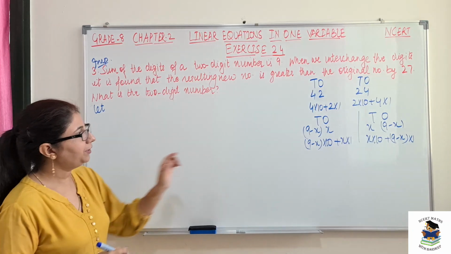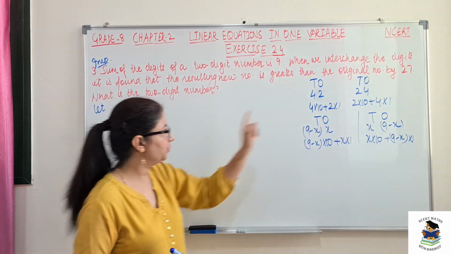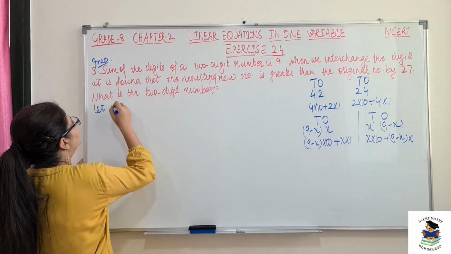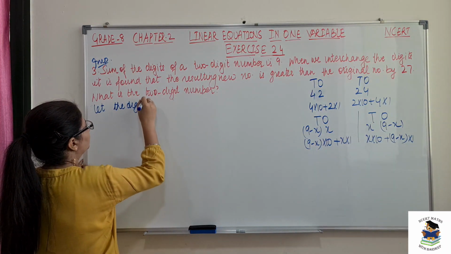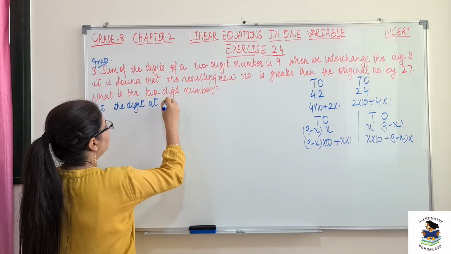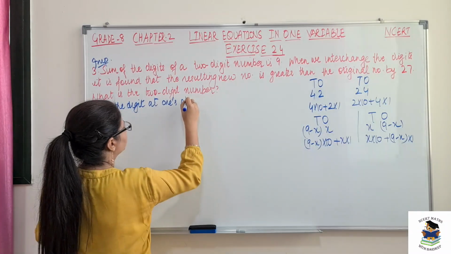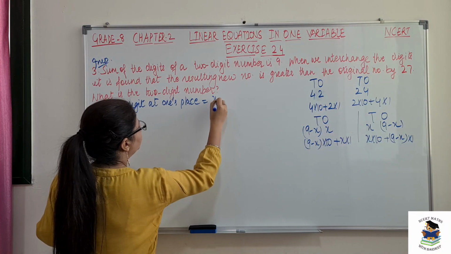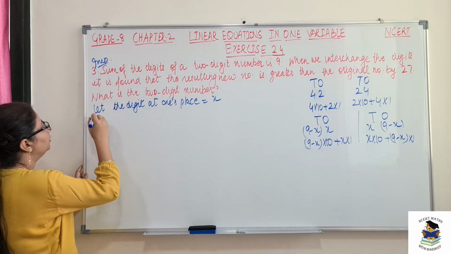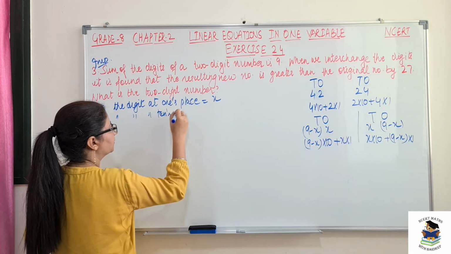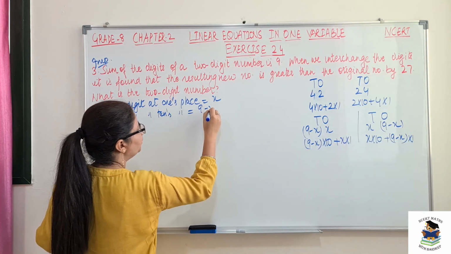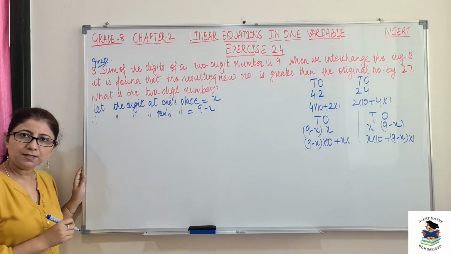I have taken x at ones position. So the digit at ones place is equal to x. Therefore, the digit at tens place should be 9 minus x.